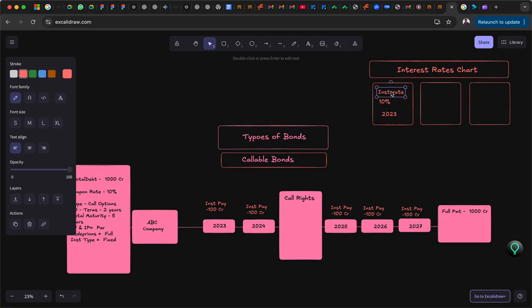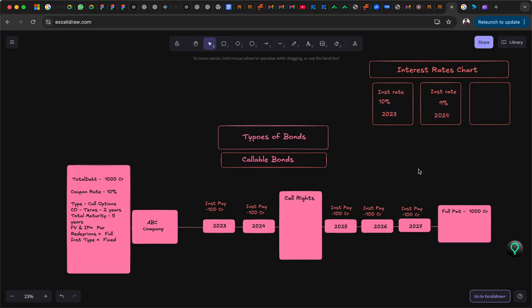Let's say in 2021, the interest rate was the same, or maybe just 9%, right? But at the beginning of 2024, you may see you are still waiting for the rate to change.